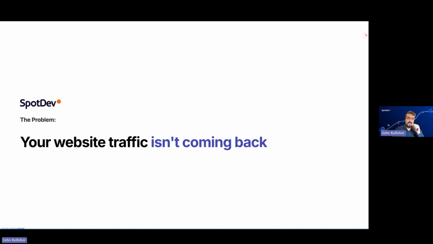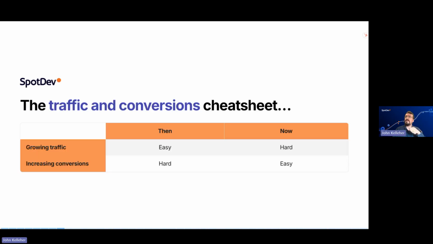And that essentially means, to my mind, an inversion of the last 15 years or so. In the last 15 years, your traffic and conversions cheat sheet has been that growing traffic was easy and increasing conversions was hard. That has flipped around in 2025. So now growing traffic is hard and increasing conversions is easy.